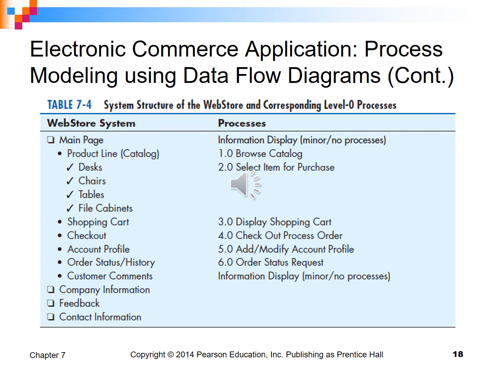If we look at the system structure of the web store, what does it really have? It has the main page, product line, catalog, desk, chair, whatever, shopping cart, checkout, account profile, order, then company information, feedback, contact information. What are the processes?